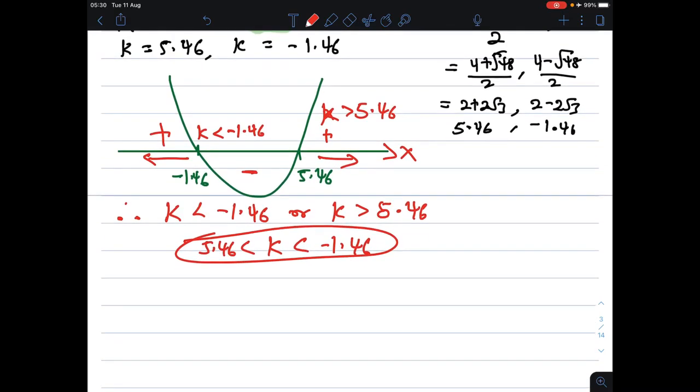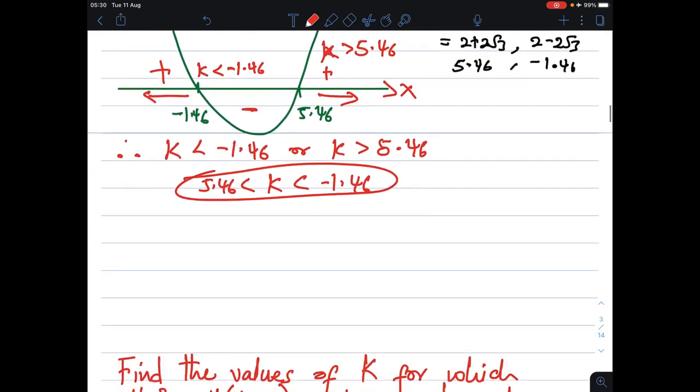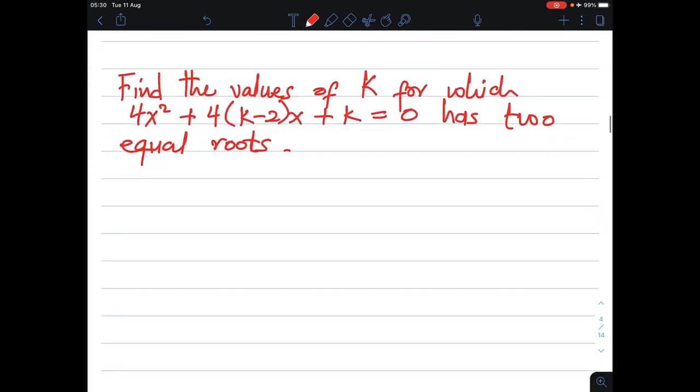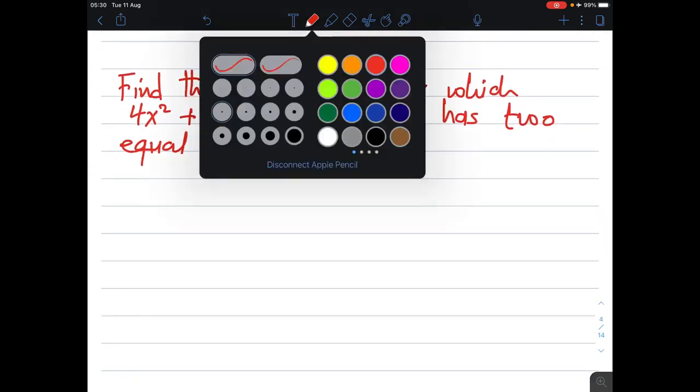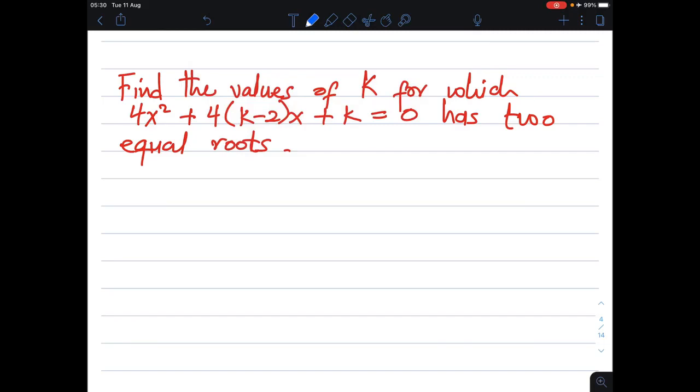Now we have another question that I want us to take a look at. It says find the values of k for which what you have has what? Equal roots. Well, equal roots means that b squared minus 4ac should be equal to 0.